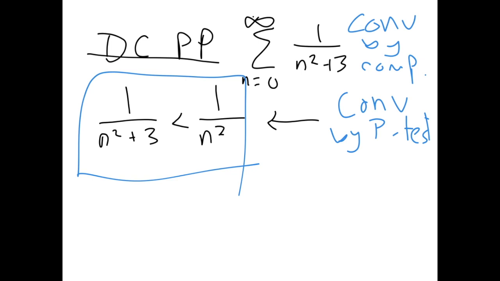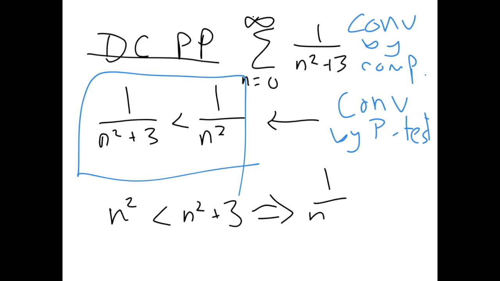When I first learned this, I would do a few more steps where I would start with n squared is less than n squared plus 3. And then when you flip everything across the fraction bar, your greater than or less than symbol, your comparison symbol switches direction.